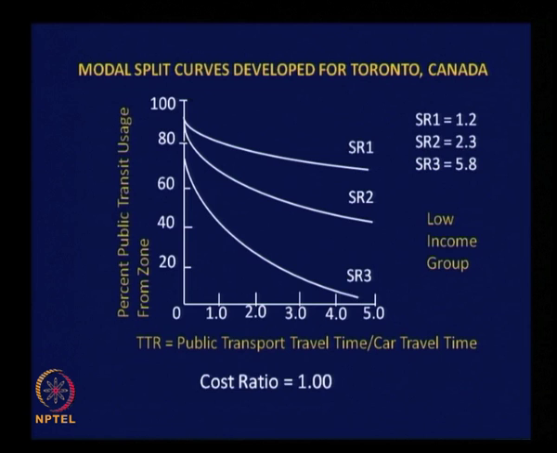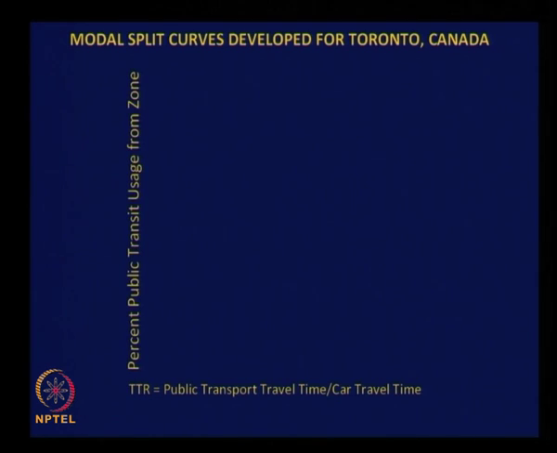And let us see how they did the same exercise for other socio-economic groups of travelers. Or in other words, we will take an overview of all the groups together and see how the mode choice model looks like. The same variables were taken along x and y axis, travel time ratio along x axis and percentage transit usage along y axis, and two cost ratios were considered based on the actual field observed data.